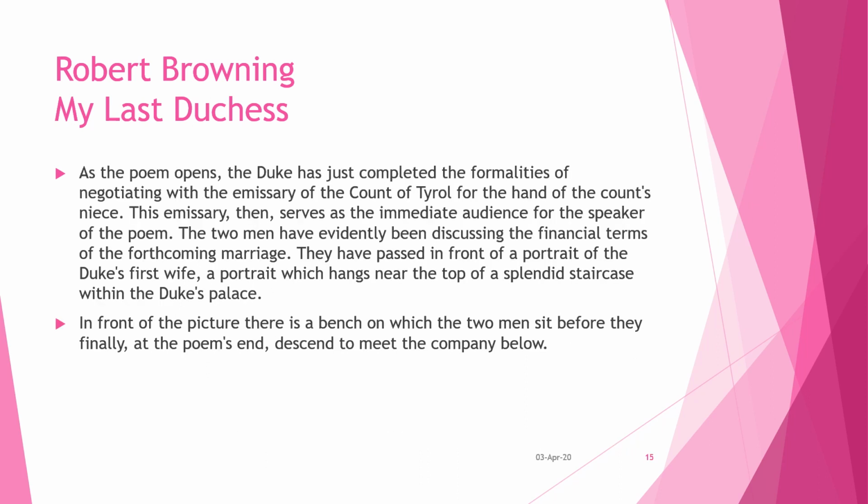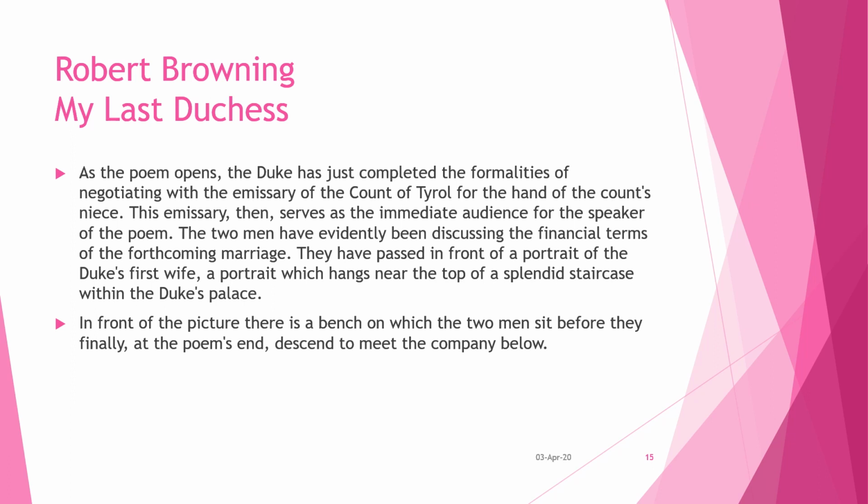As the poem opens, the Duke has just completed the formalities of negotiating with the emissary of the Count of Tyrol for the hand of the Count's niece. This emissary then serves as the immediate audience for the speaker of the poem. The two men have evidently been discussing the financial terms of the forthcoming marriage.